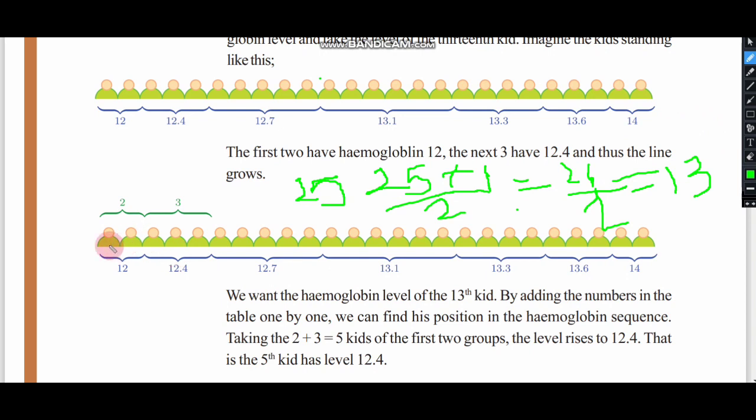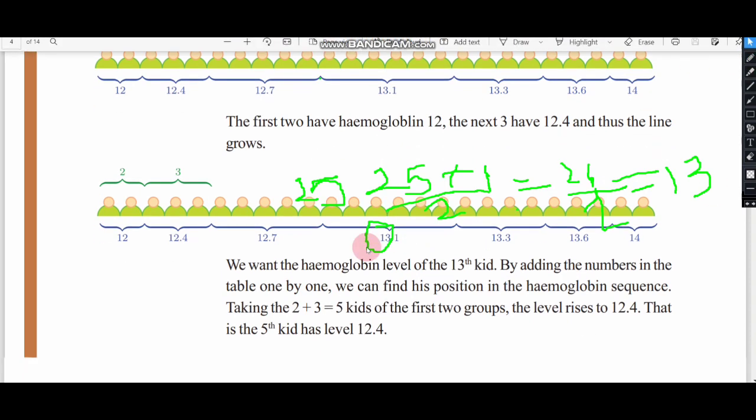See here, 2 plus 3, 5. 5 plus 3, 8. 8 plus 3, 11. 11 plus 2, this is the 13th child. And what about his hemoglobin level? 13.1. So here the median hemoglobin level is 13.1.